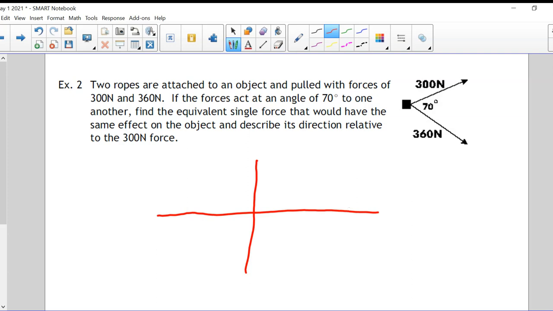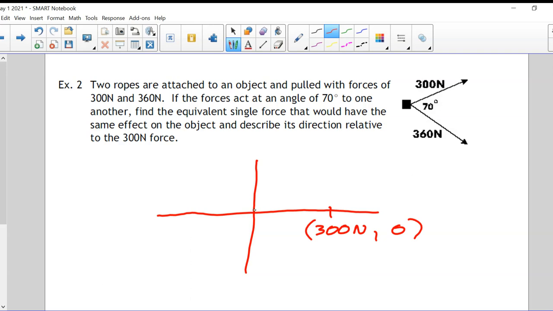I'm going to set this first vector here, the 300 Newton vector, as sitting right on the x-axis, at 300. So this distance here is actually 300. So the components of this vector are 300 and 0. The y component being 0 means I haven't moved at all on the y-axis. I've just moved along the x-axis, so I'm using 300 as my x component, because that's how far along the x-axis I am, and 0 as my y component.